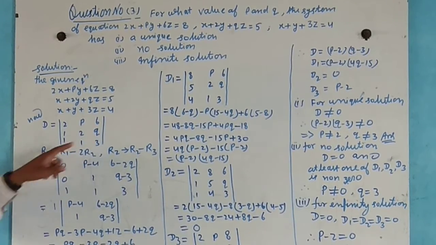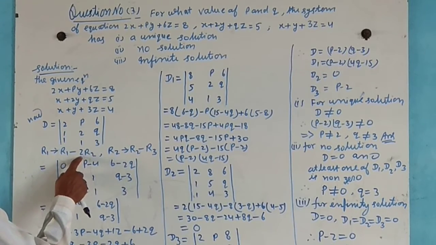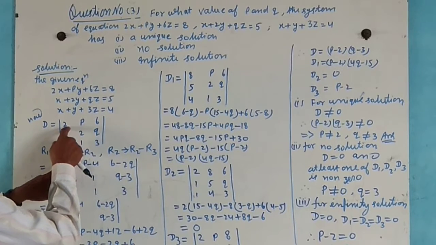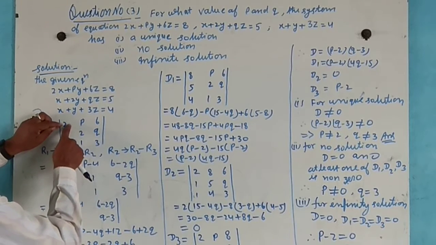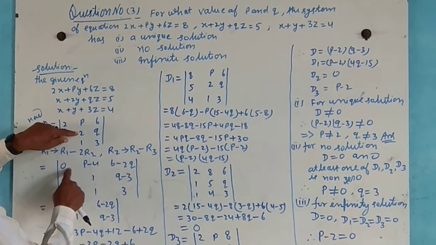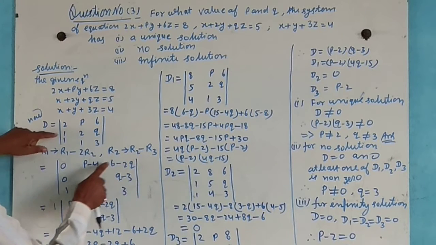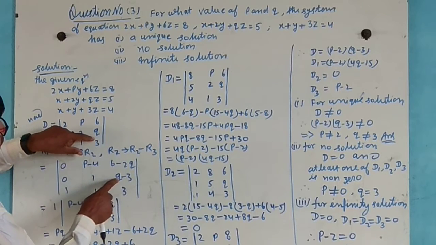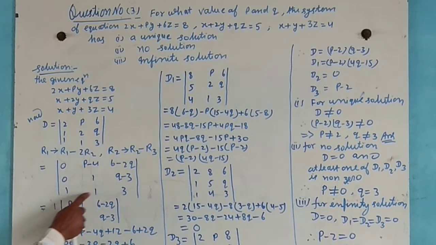Apply r1 replaced by r1 minus 2 r2 and r2 replaced by r2 minus r3. r1 minus 2 r2: 2 minus 2 is 0, p minus 2, 4, 6 minus 2q. r2 minus r3: 1 minus 1 equal to 0, 2 minus 1 equal to 1, q minus 3, and row 3 unchanged, 1 1.